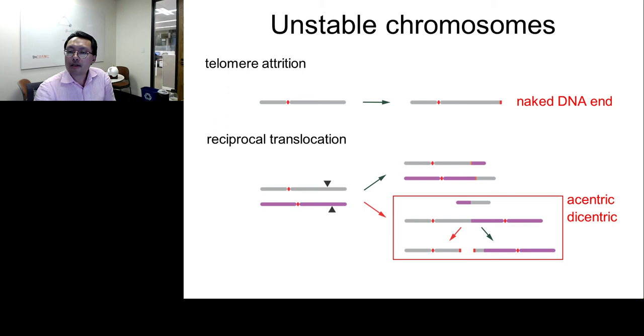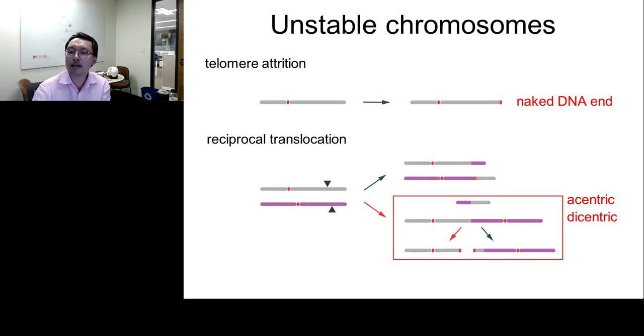The top one is known as telomere attrition. We know that a linear chromosome consists of a centromere, shown as the red dot in the middle, and two telomeres, which protect the naked ends of the chromosome. As cells divide, the telomeres get shorter and shorter over each division, and when the telomeres get critically short, they can be deprotected and expose a naked DNA end.